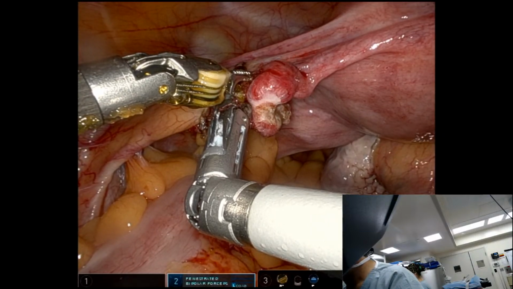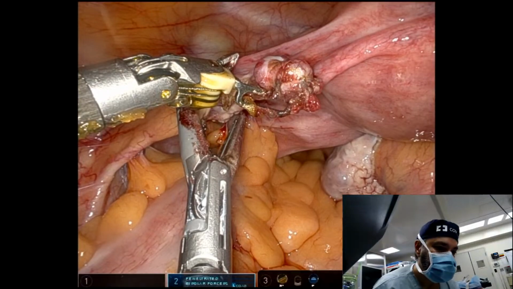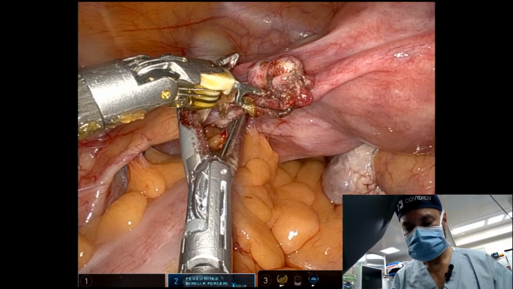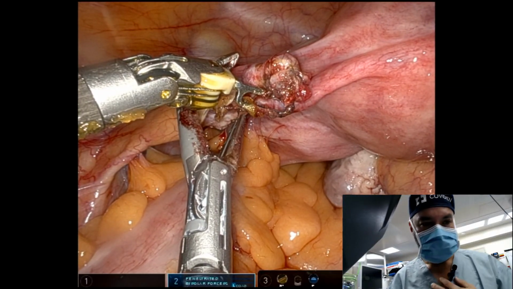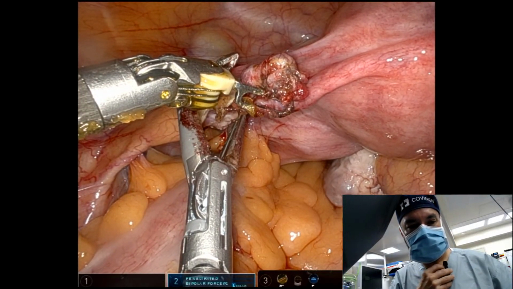Now we're getting the left fallopian tube. The left fallopian tube on the left side.